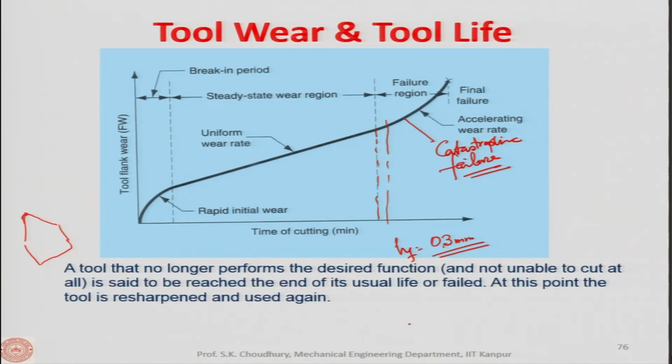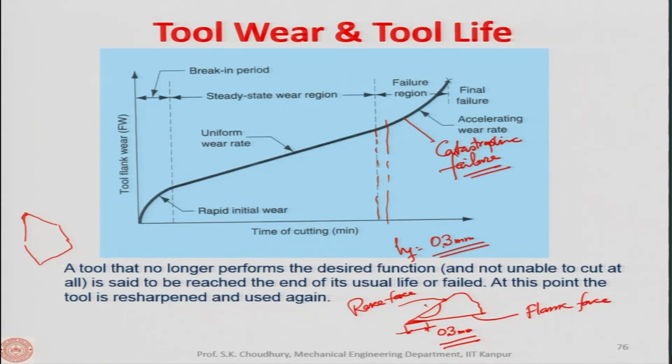If you take the tool like this, this is the crater wear, this is the rake face, this is the flank face, and this is the wear flat. So, when this width reaches 0.3 millimeter, we say that the tool has to be taken out.